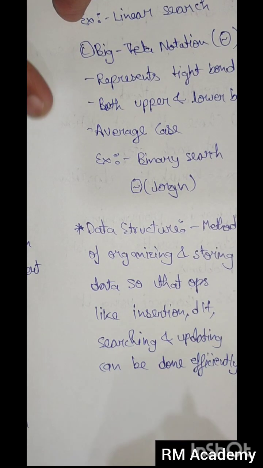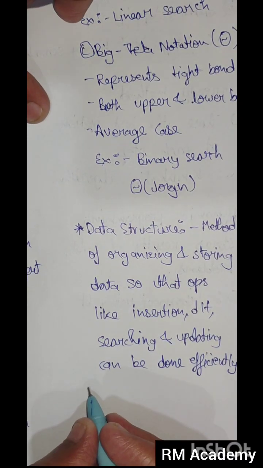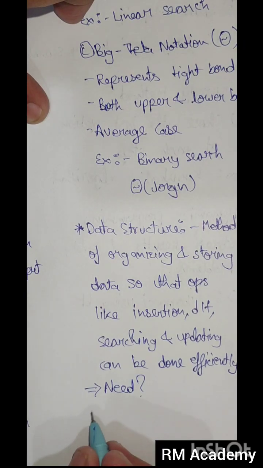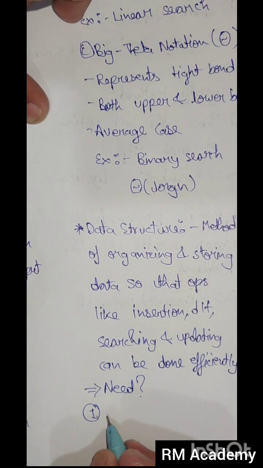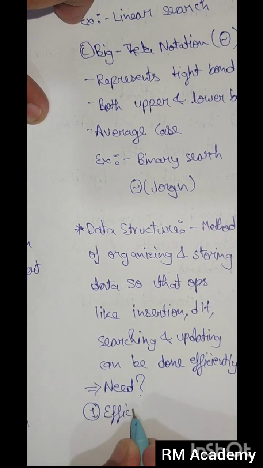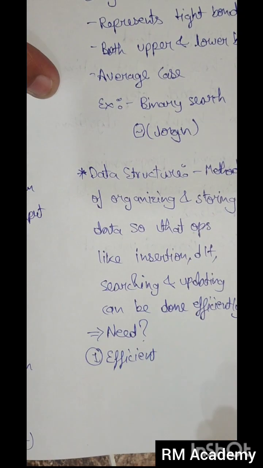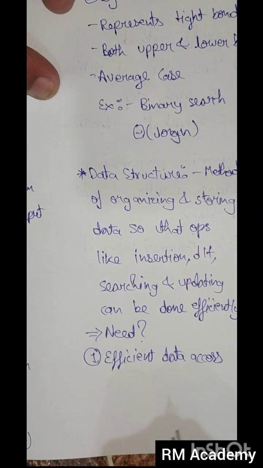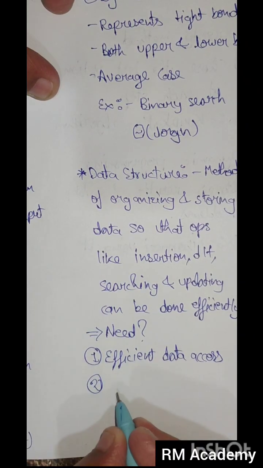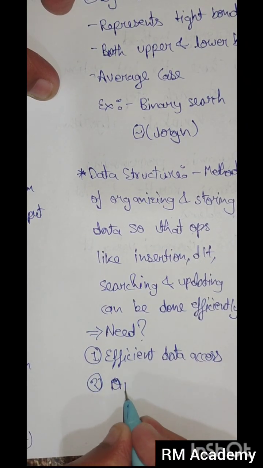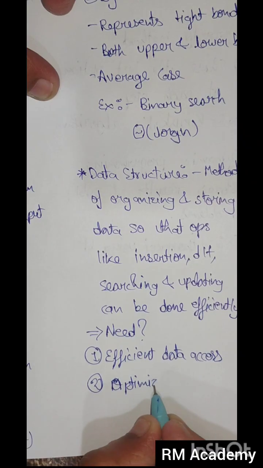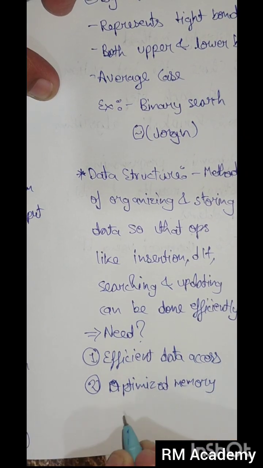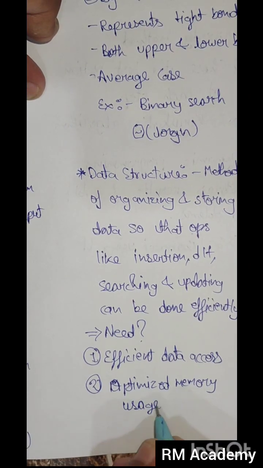Now the next question is why we need data structure. So the first thing is efficient data access. Optimized memory uses. Faster processing.